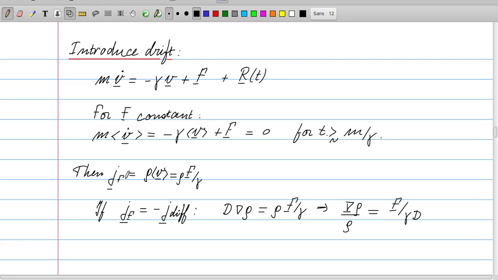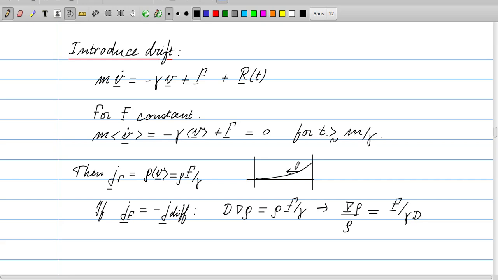And what happens if the system is closed is that if the particles move towards one direction, they will heap up at one side of the system. For example, if I have a container and I drive all the particles to the right, then they will heap up towards the right wall. Because there is now a strong slope in the density of the particles, there will be a flux which counteracts the drift force.